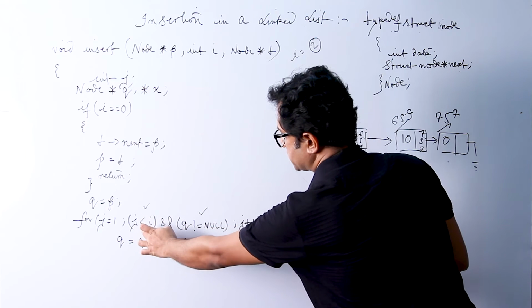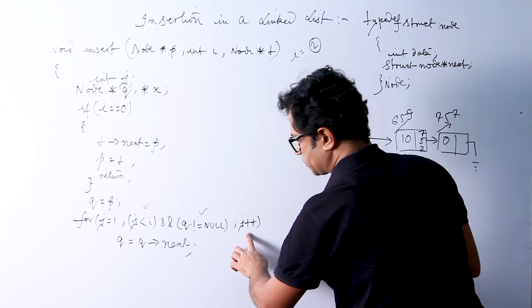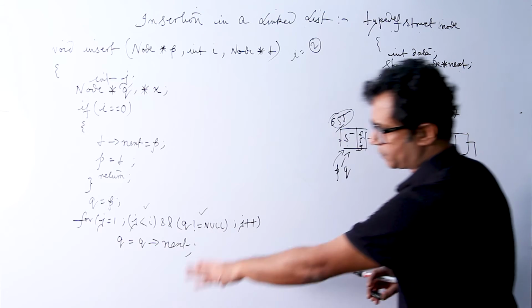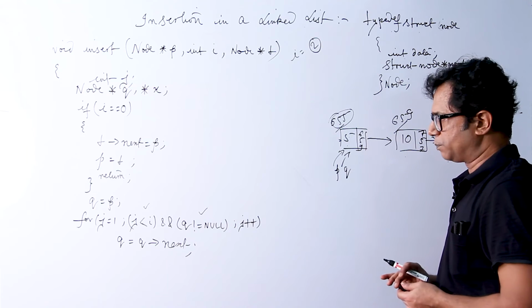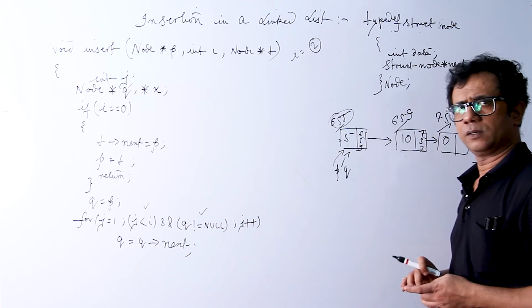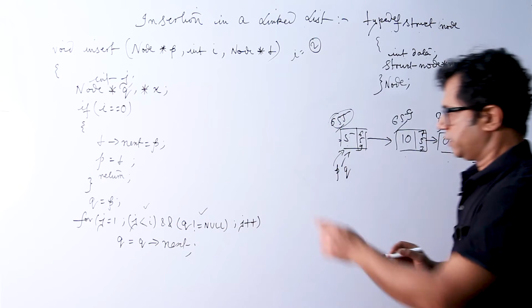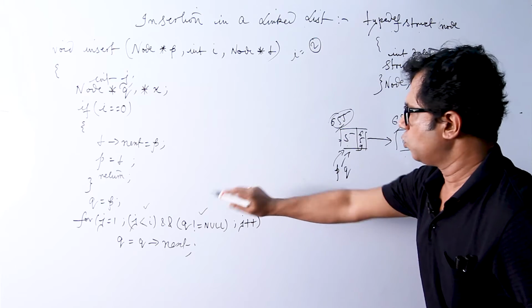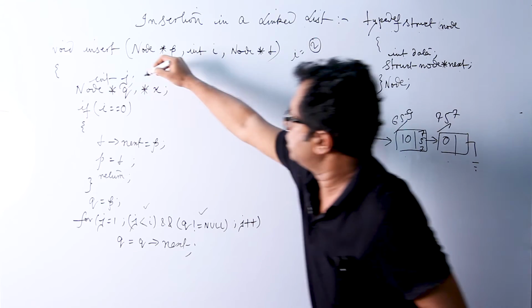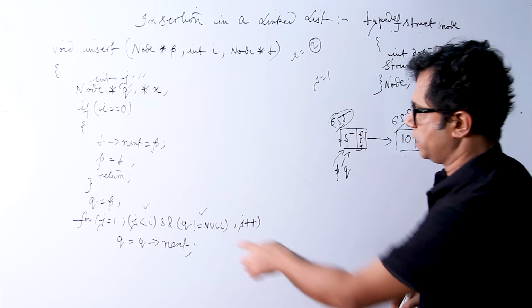So j less than I, and q not equal to null, and then j plus plus. We have written only one expression statement under that, that's why I have not used any brace over here. So q is equal to q next is the line. So what I have done here, let me see, j is equal to 1. So j was taken to be a variable over here and j is initialized to 1.